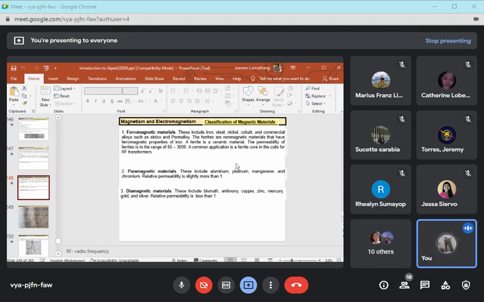Relative permeability is less than 1. So for the ferromagnetic materials, the permeability is in the range of 50 to 3,000. The paramagnetic materials, slightly more than 1. Diamagnetic materials, less than 1.